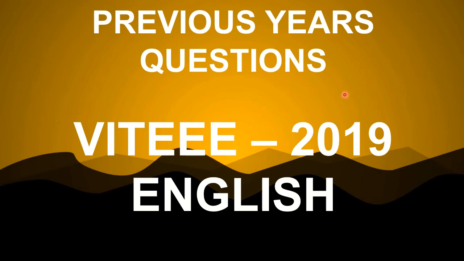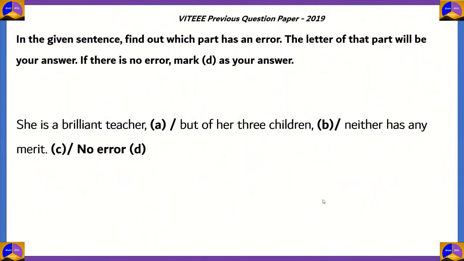Those are the particular subjects, and if you're taking biotech courses, you'll have bio as well as English as well as aptitude. So today we're going to be looking at the questions of English asked in VITEEE 2019. There are only a few questions from subjects such as English and aptitude.